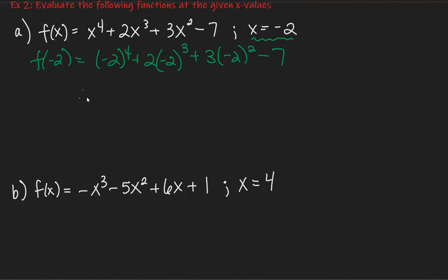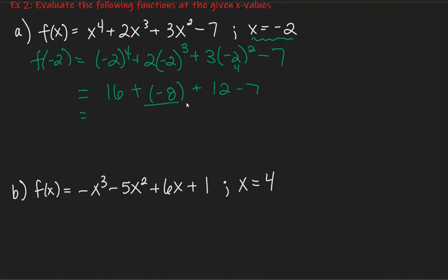Negative 2 to the fourth power, we know 2 to the fourth power is 16, and negative to the fourth is still going to be a positive. Negative times negative is positive, times the negative is negative, times one more negative is positive. So plus negative 2 cubed, well, 2 cubed is 8, negative cubed is going to be negative 8, because negative times negative is positive, but then times the negative is negative. Negative 2 squared is going to be 4, times 3 is 12, minus 7.